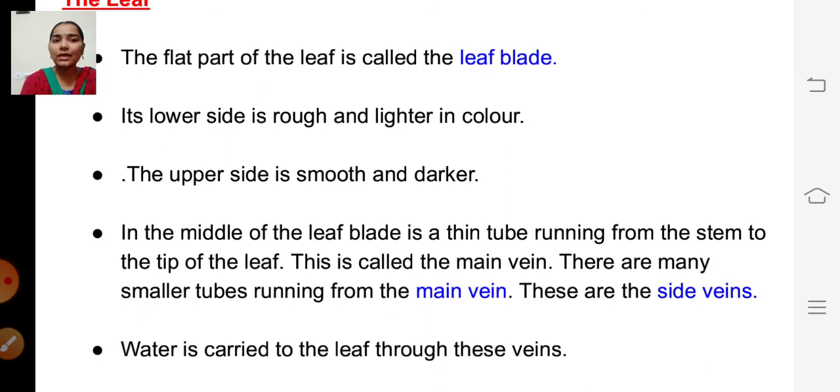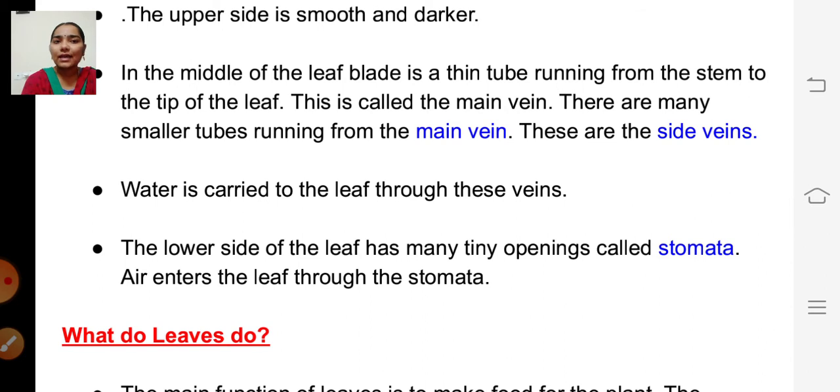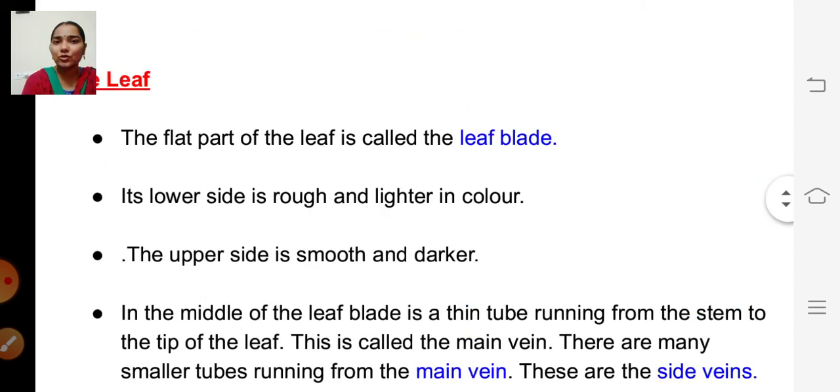This is called the main vein. There are many smaller tubes running from the main vein. These are all the side veins. Water is carried to the leaf through these veins. The lower side of the leaf has many tiny openings called stomata. Air enters the leaf through the stomata.